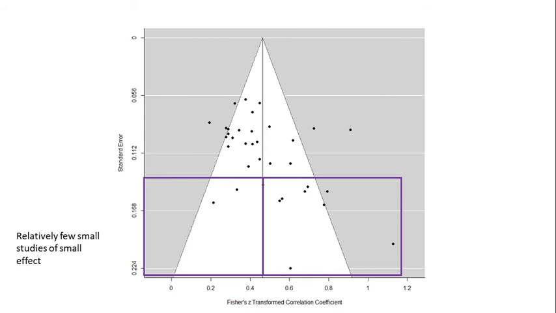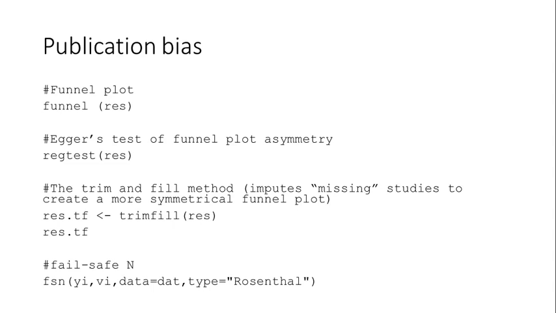So there's some code here for producing that funnel plot. It's very simple, funnel plot of the results. You can also run a test of funnel plot asymmetry. That will give you, it's like a significance test. And you can also run what's called the trim and fill procedure.